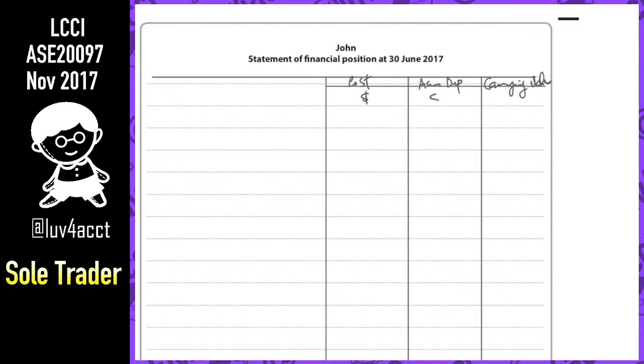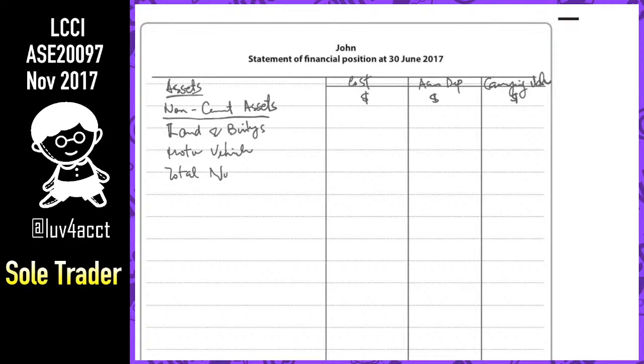So assets, non-current assets. And then we have land and buildings, motor vehicles. Total non-current assets.